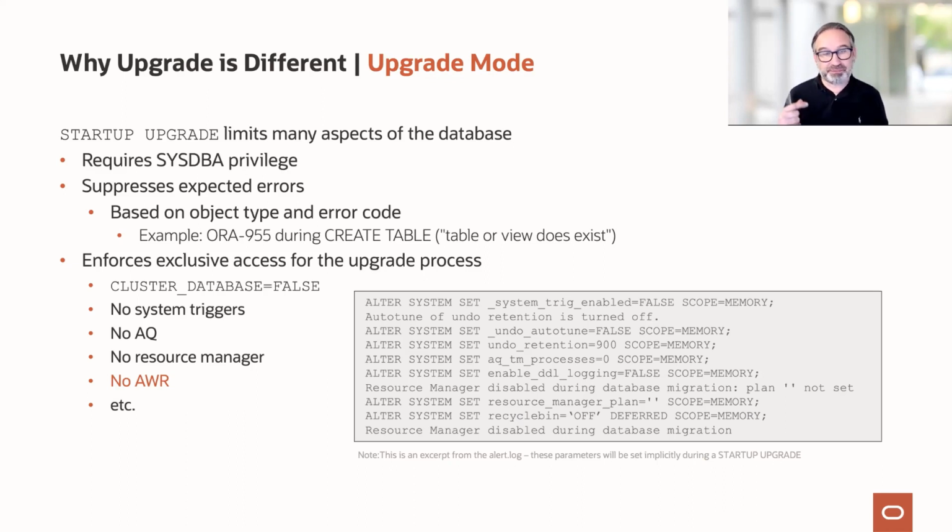But what we do is cluster_database needs to be false. No system triggers, no advanced queuing, no jobs run while the upgrade happens. So no worries. This is a question we get quite often: do I have to stop my jobs when the database is in startup upgrade mode? No jobs, no automatic maintenance windows intervene with your upgrade.